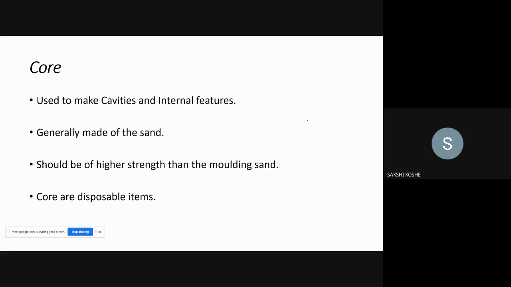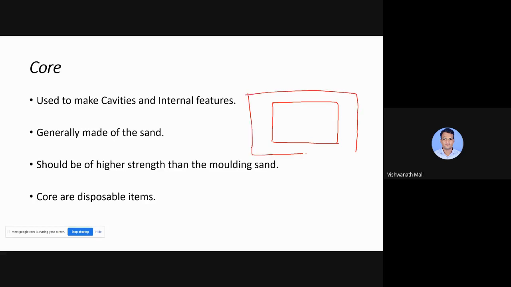During ramming, it shouldn't break inside. No, see here. Let's suppose this entire part is your mold, and here is your core.